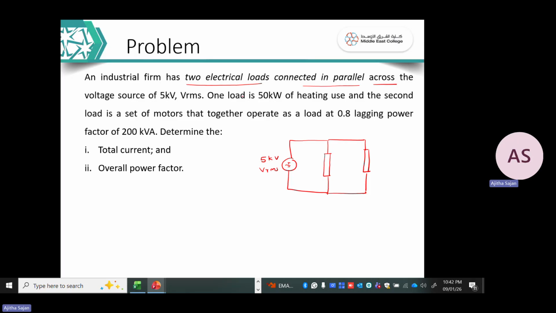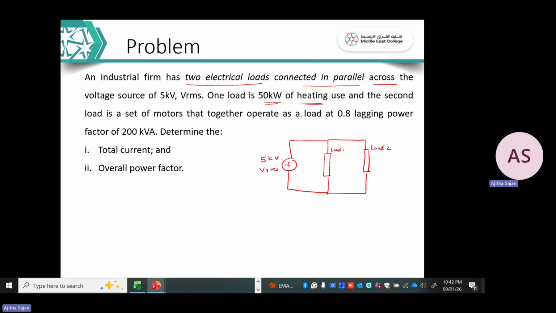Now, another thing explained is that one load is 50 kilowatt. So you have two loads. This is, for example, load 1, and this will be load 2. One load is 50 kilowatt heating use.